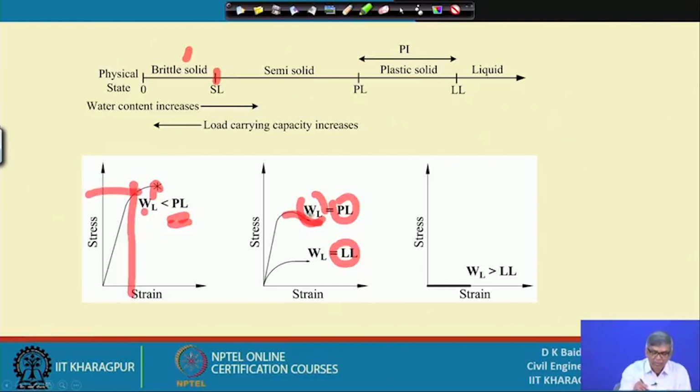If it is equal to the plastic limit, then straining is less and stress is comparatively less, and if it is close to the liquid limit, then at very low stress the strain will be more.